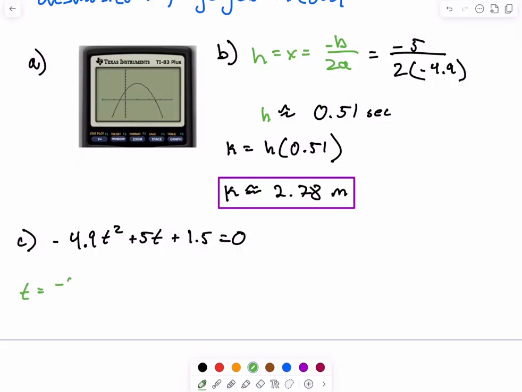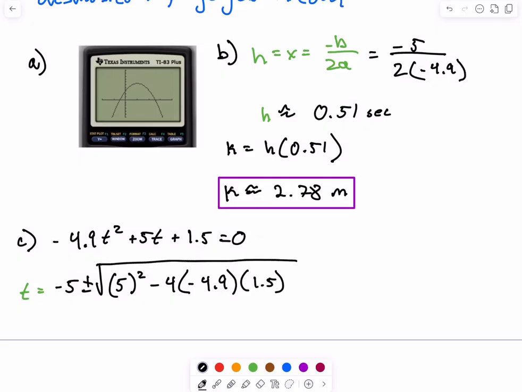Negative b plus or minus the square root, and I'm not really writing out a formula. I'm doing this: negative b plus or minus the square root of b squared minus 4 times our a times our c, all over 2a.